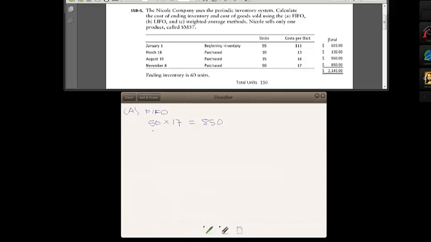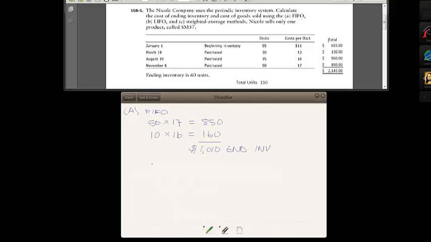That was from August 19th. Those were $16 each. So we have 10 times $16, which is $160. So the cost of our ending inventory, we need to add those, and we get $1,010. That's their cost of ending inventory.